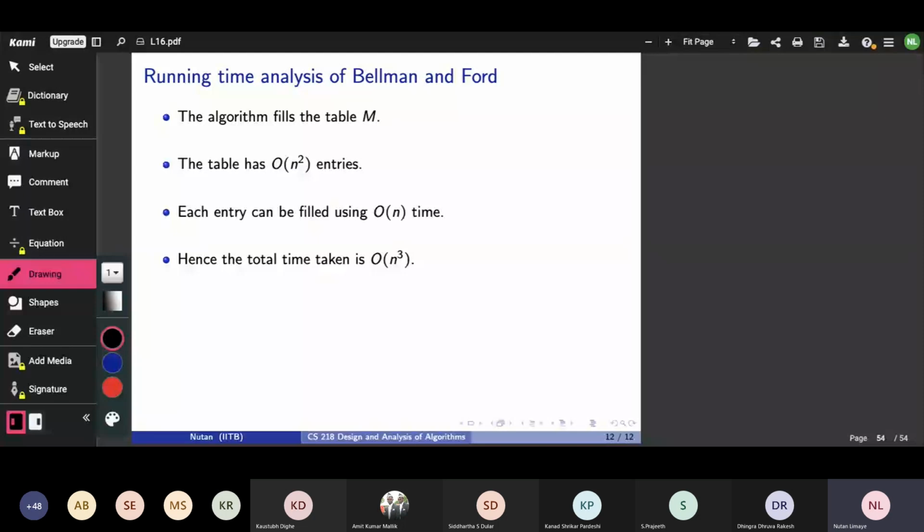The problem is now not to find the shortest path in a graph which has negative edges, but to find whether the graph has a negative weight cycle or not. So given a graph, check whether the graph has a negative weight cycle or not. If it has a negative weight cycle, you should return 1, else return 0. There is a very simple adaptation of Bellman and Ford that can be done in order to solve that problem as well.